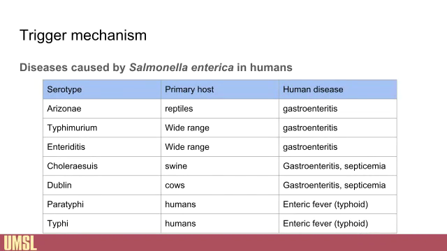These other guys are much more aggressive, invasive pathogens that move on into other places in your body and cause much more severe problems, whether this be typhoid fever, for example, or septicemia.